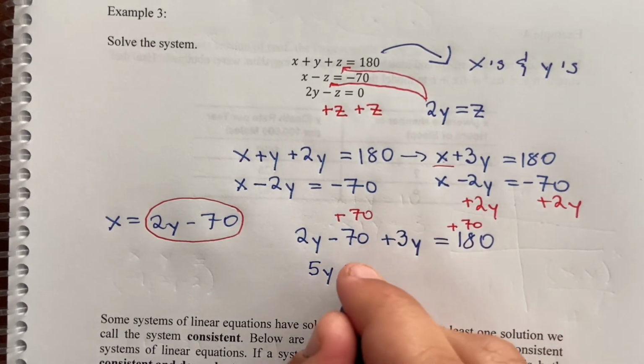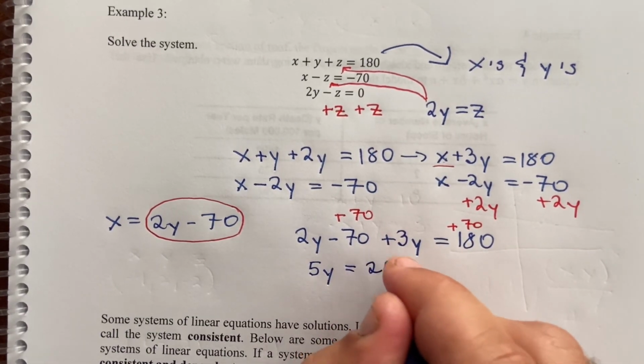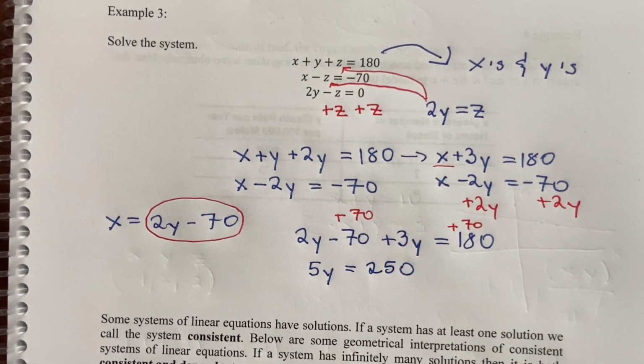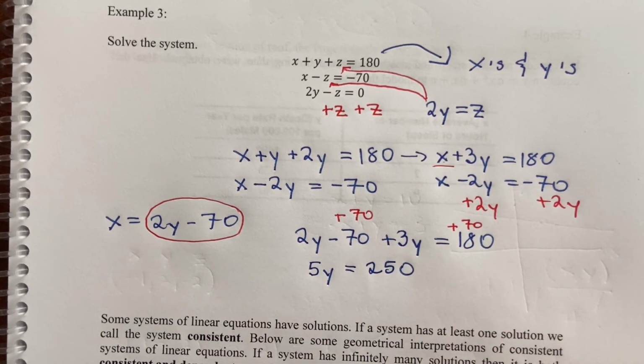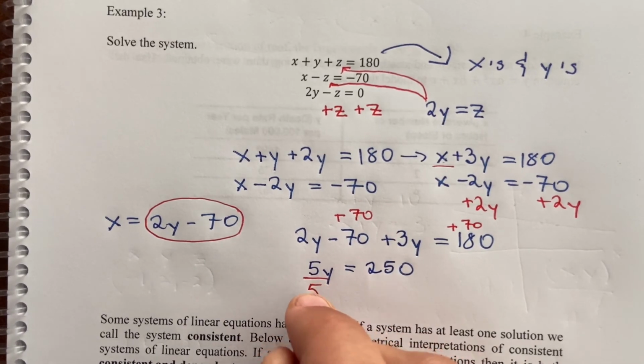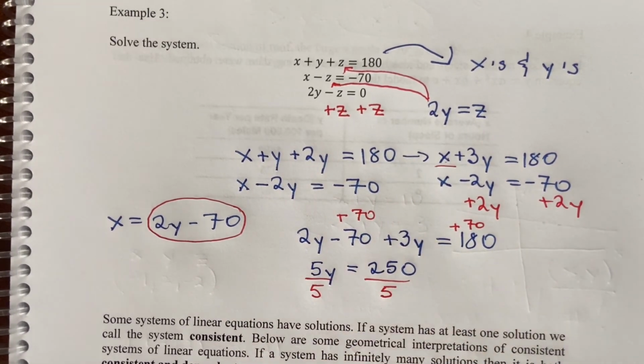Running out of room there. So 250 divide by 5. So it looks like 50 for y.